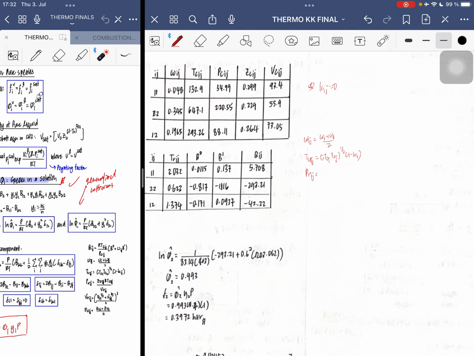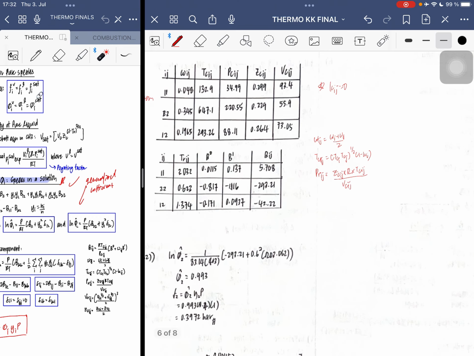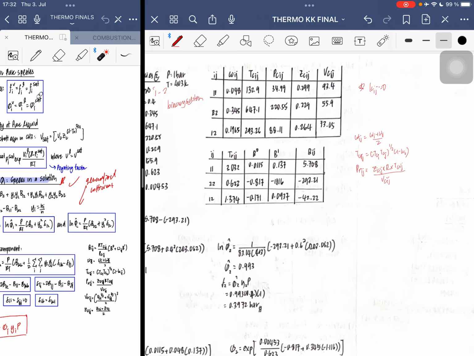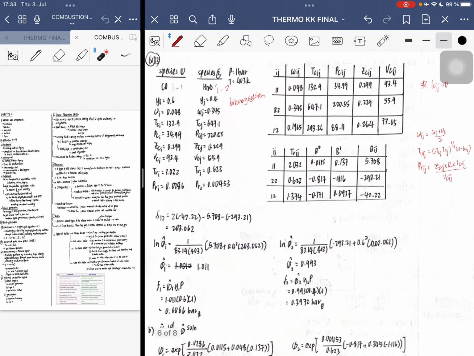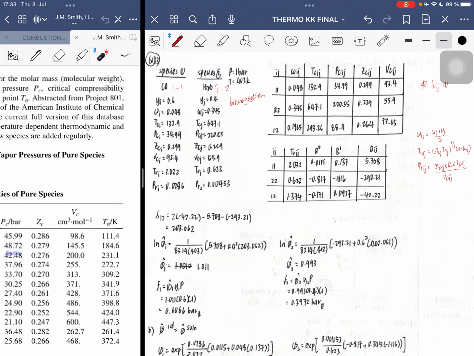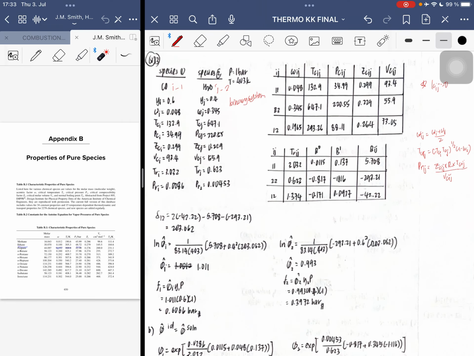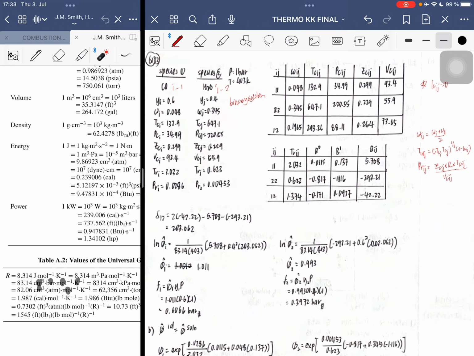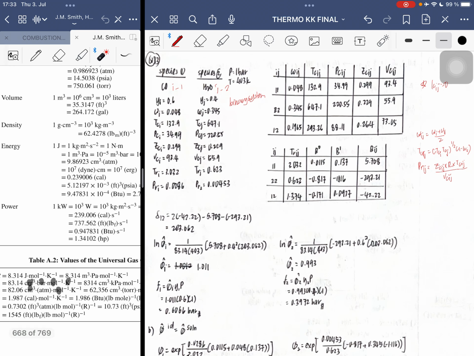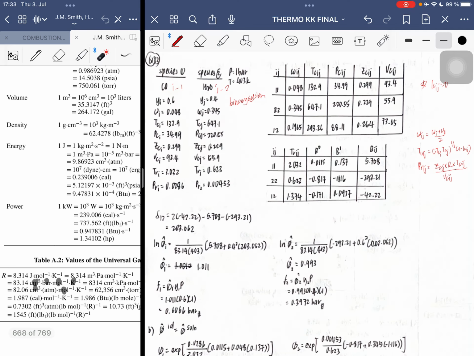And Zcij times R times Tcij, the combined temperature, over Vcij, the molar volume. Here you have to pay attention to the units, because here it's cm cubed per mole, and here is bar, and here is K. Look at the R: you cannot use 8.314 because it's J per mole K. You have to use 83.14 because you have cm cubed, bar, mole, and K. So use 83.14 for your R value.